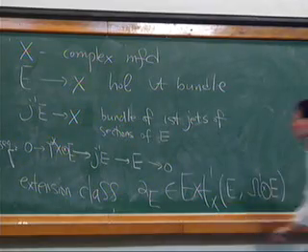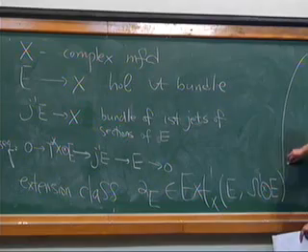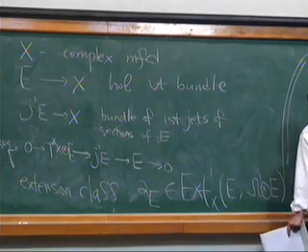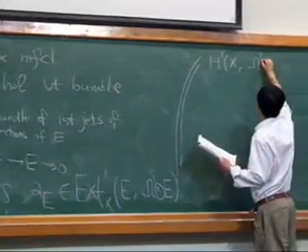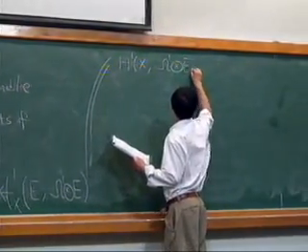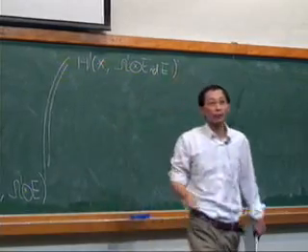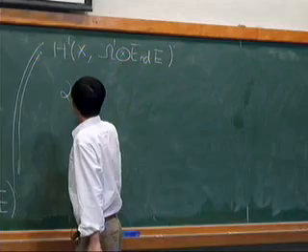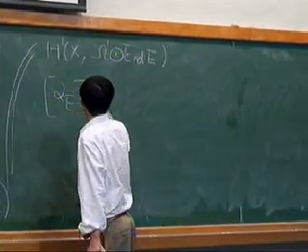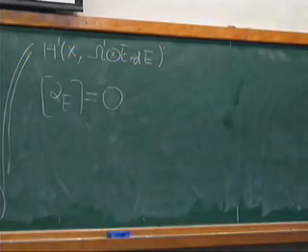So here I'm just changing this to omega 1. What the RTL class measures is exactly whether this class is 0. That means you can split this.